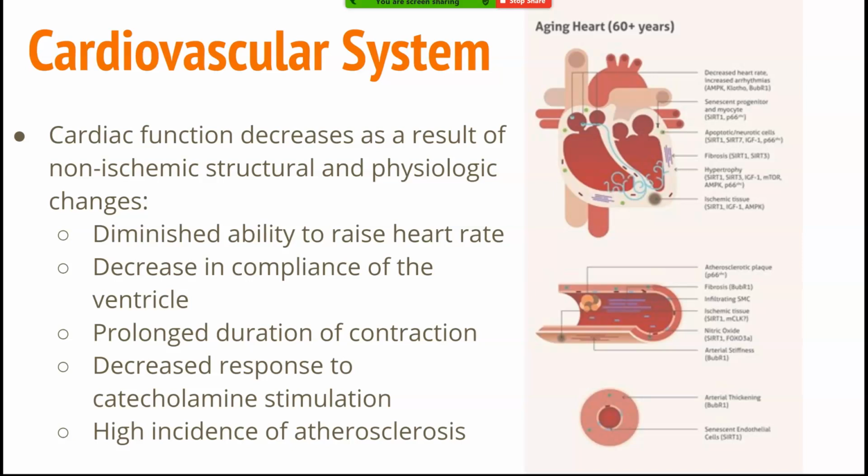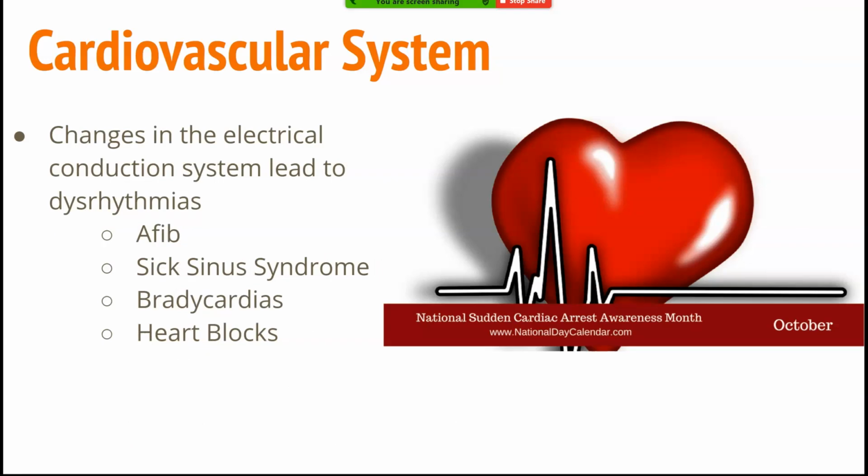Your heart doesn't respond as effectively to an epinephrine release, okay? And a significant release of epinephrine from that fight or flight response can cause significant stress on a heart that is not capable of compensating. So that can create all sorts of issues as well. As you get older, the electrical conduction system also starts to break down.